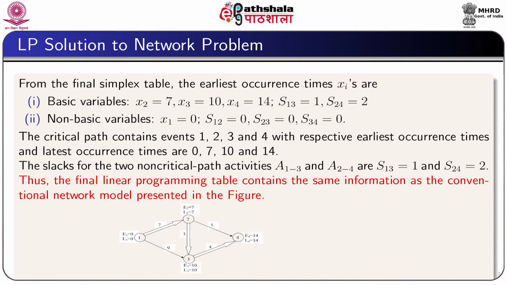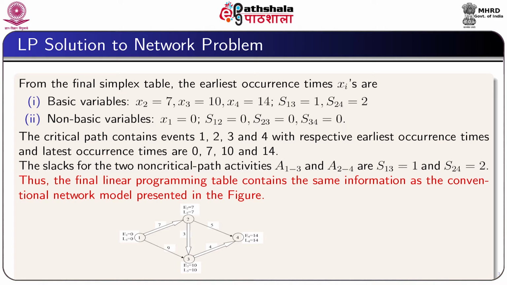Please note that the slacks S12 for the activity 1, 2 is 0, for the activity 2, 3 is 0, and for the activity 3, 4 is equal to 0.